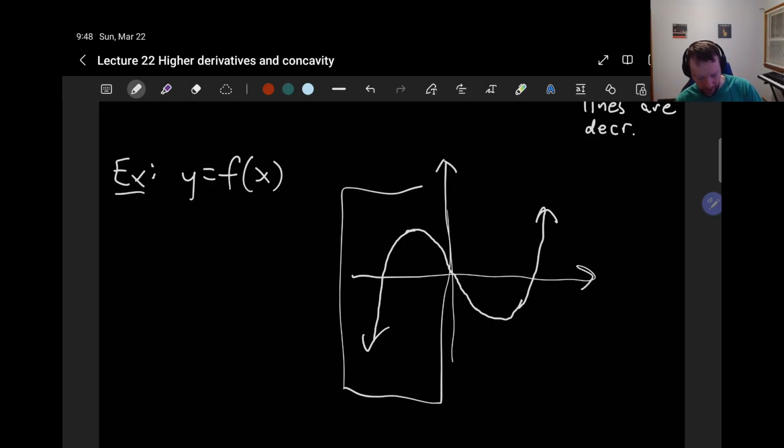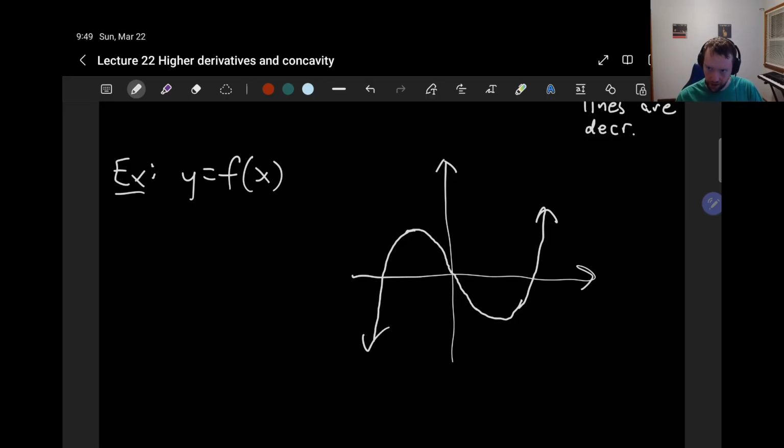On this left half here, the graph is concave down because it looks kind of like the graph of the upside down parabola, like negative x squared. This thing is opening downward. And if you're really not sure, you could just draw the tangent lines and you'll see that the slope is decreasing.